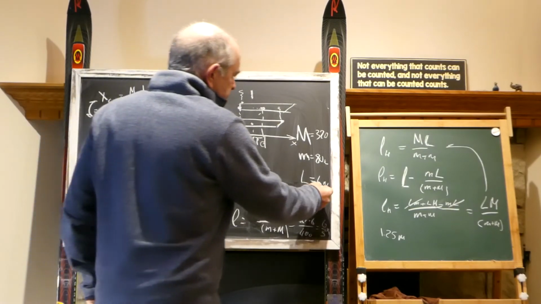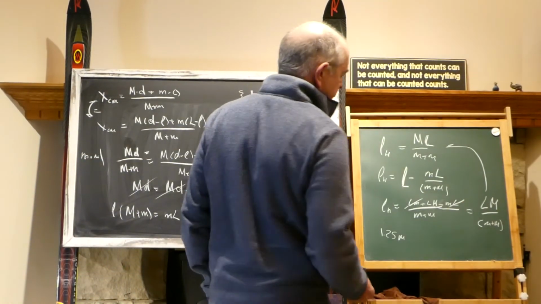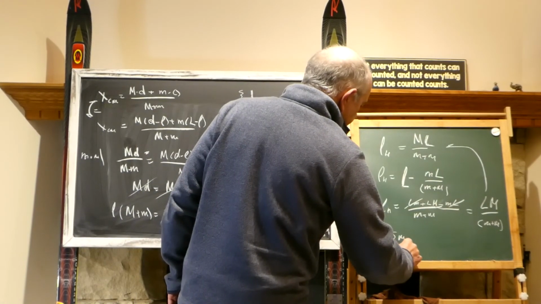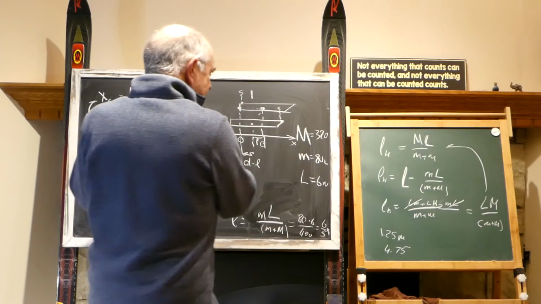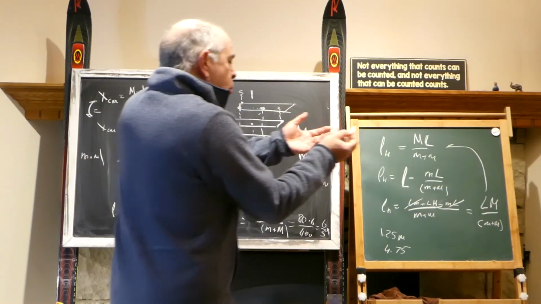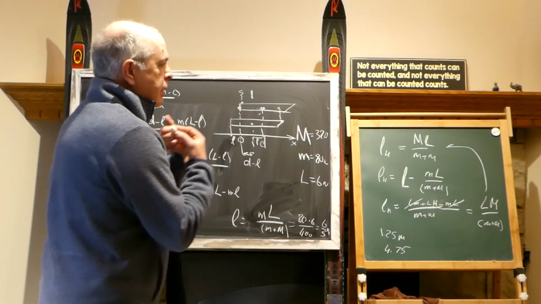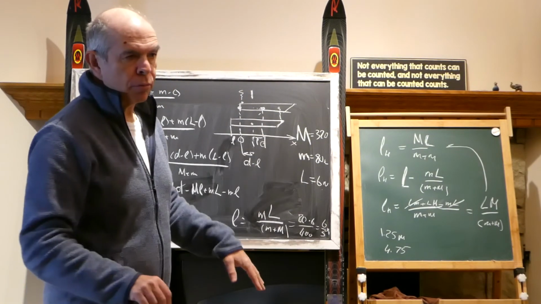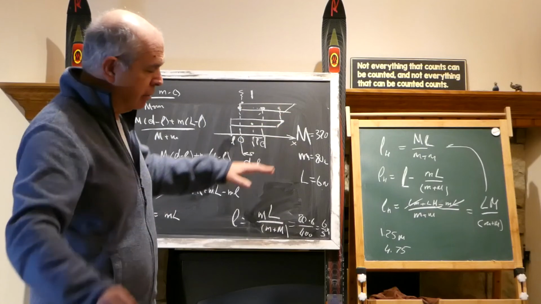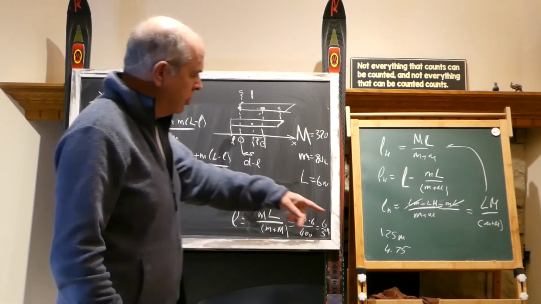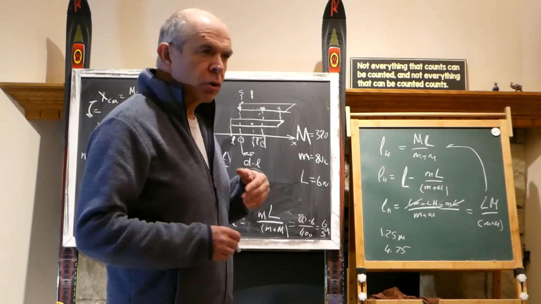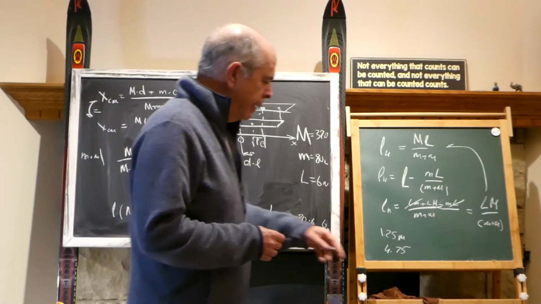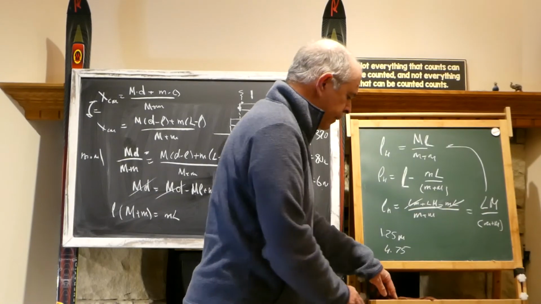And the man will walk 6 meters minus 1.25, and it would be 4.75 meters. So the man walks 6 meters, but the boat moves back 1.25, so the real displacement of the man against the bottom and against the earth and against the banks is only 4.75. So he walks a lot of distance, but he pushes the boat back, and that's why it's all happening.